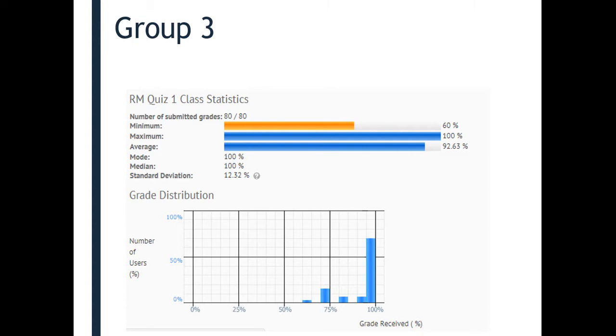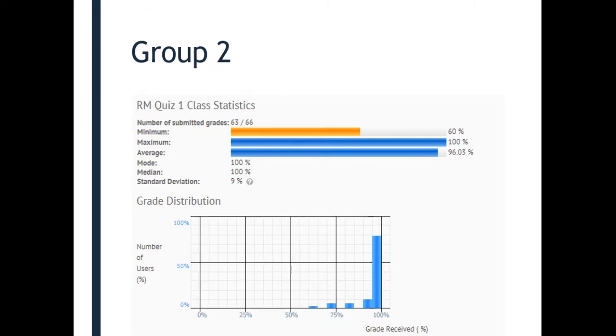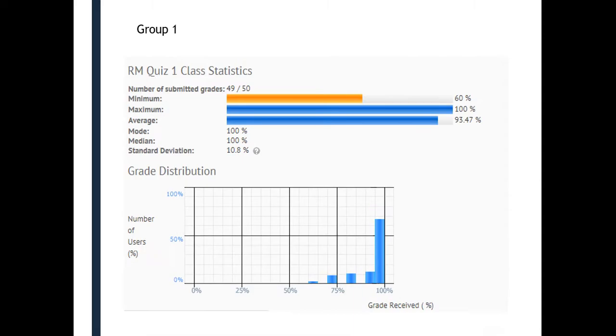And one thing to notice is the graph. On the graph itself you can see the number of users percentage and the grade received. So what you see is that 60%, 70% of the students received 100% grade. That's a very good achievement for the class. And here it's very high. 80% of the students, they got 100%.